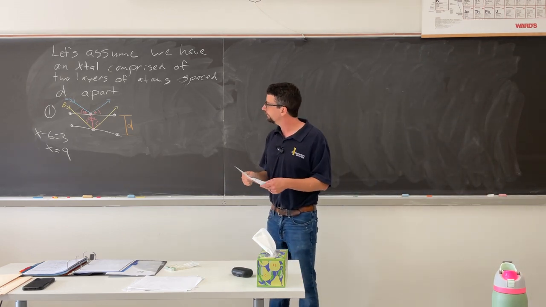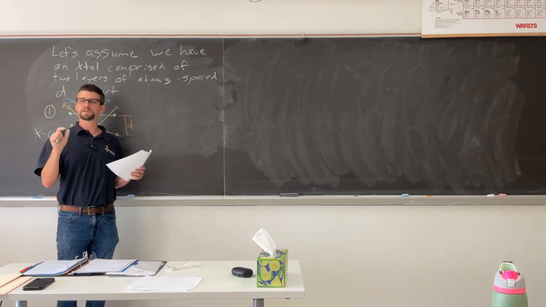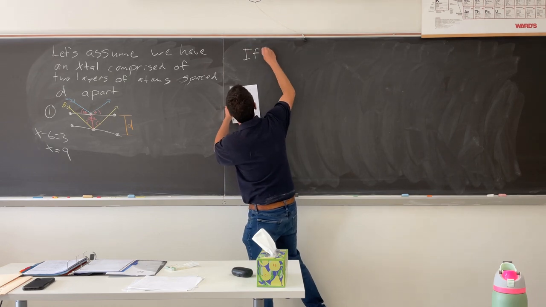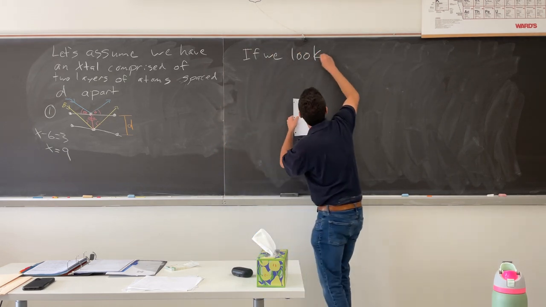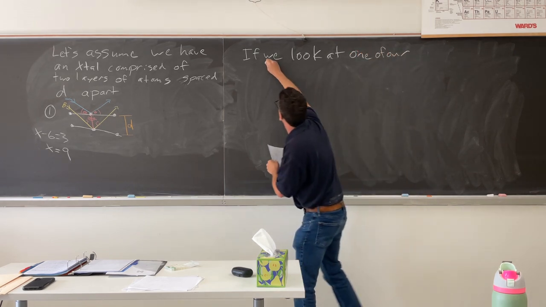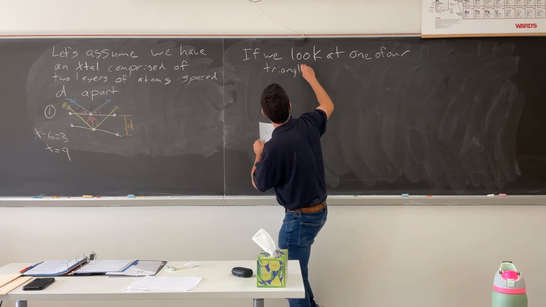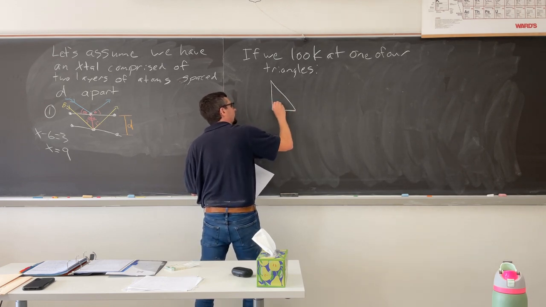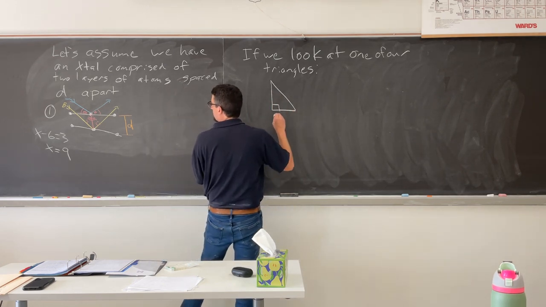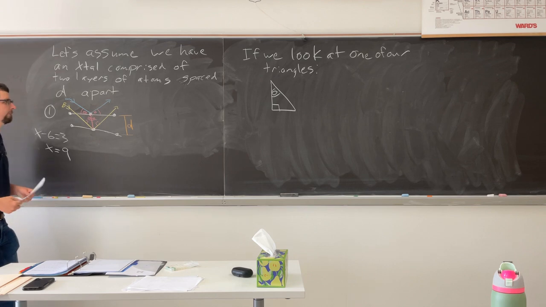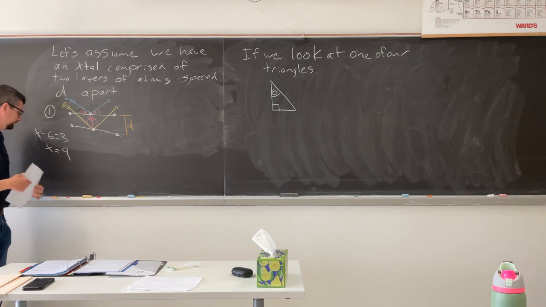Okay. So we have two right triangles here. Let's just consider one of the right triangles. So we got our triangle. Theta is along here. What is our hypotenuse?